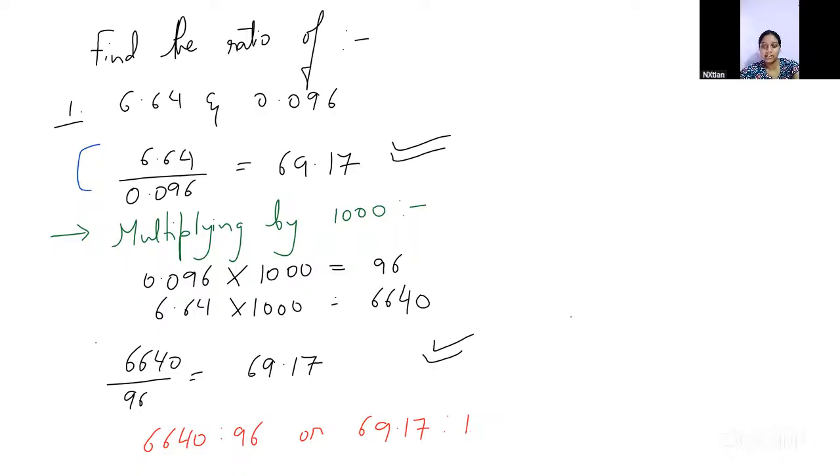So do 6640 divided by 2, the common factor, and 96 divided by 2. 6640 divided by 2 is 3320, and 96 divided by 2 is 48.